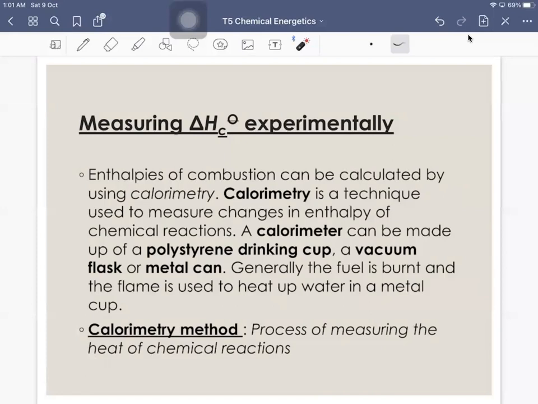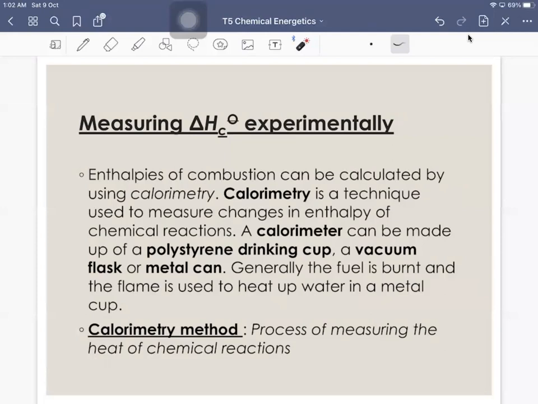Combustion is a relatively easy experiment to carry out in the lab because you just burn a fuel. Fuel can be anything, the substance that you are burning. We burn fuel to give out energy.